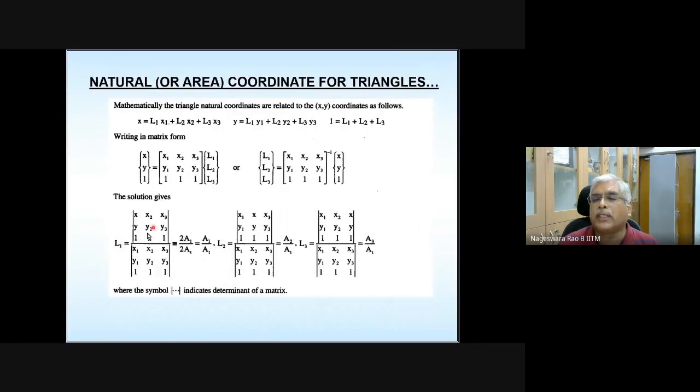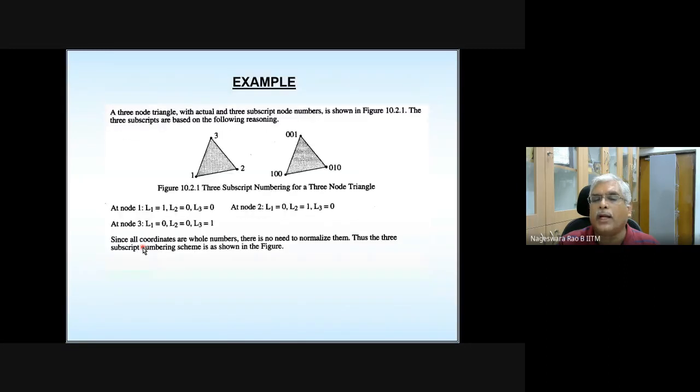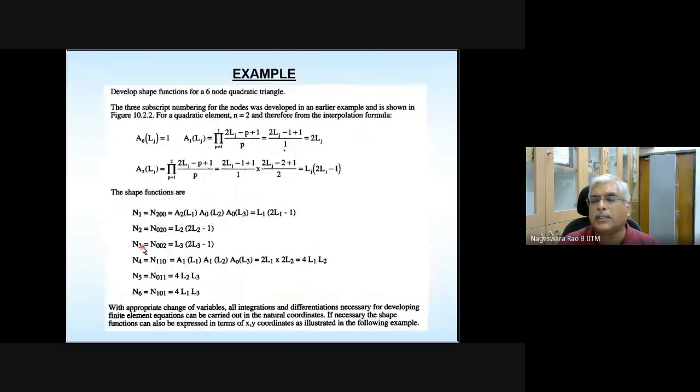You have in terms of x, y here. So you need to simplify this and then substitute that L1, L2, L3 here in these expressions. Then you are going to get the shape functions for 6 node triangular element. Is it clear?